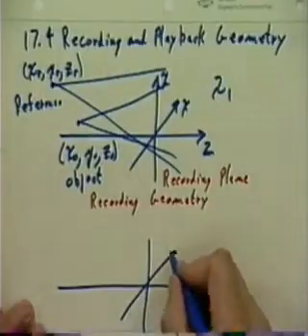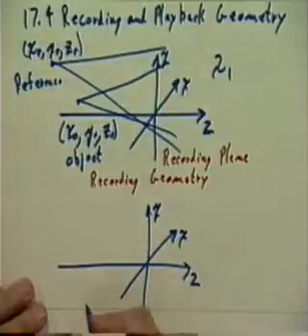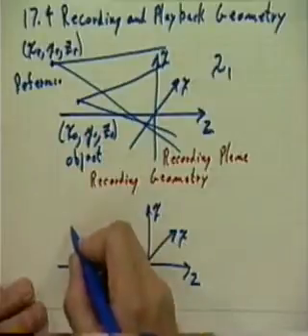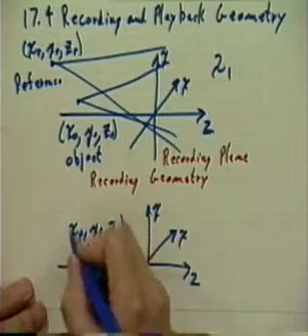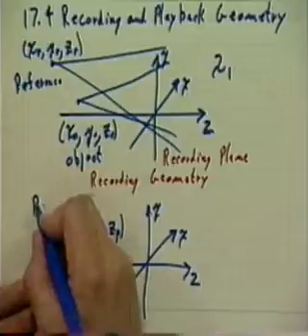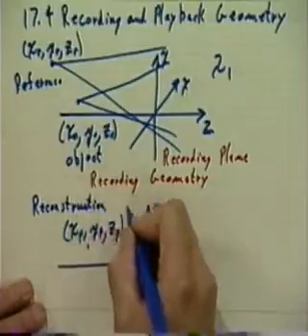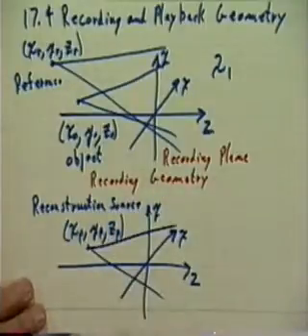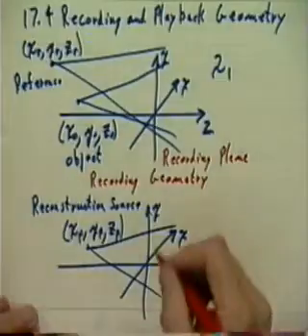So again, X, Y, and Z. And this is a source back here someplace, I don't know where. We call that X sub P, Y sub P, Z sub P. And this is the reconstruction source. So again, a spherical wave, and our hologram is in this XY plane.